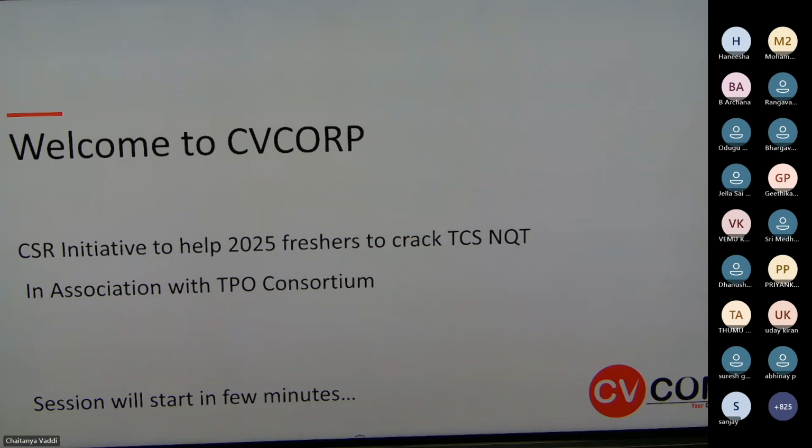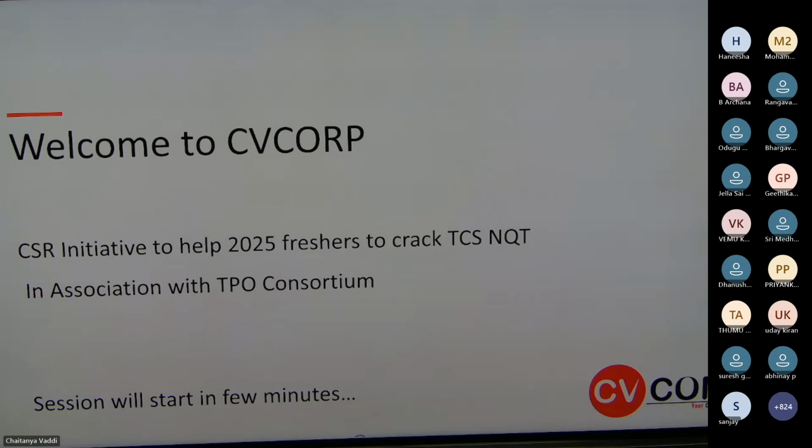Okay. Training and Placement Institute, HR and EdTech, Training and Placement Company, Recruitment Partner, Training Institute. Okay. I guess people have just started doing some research about CV Corp.